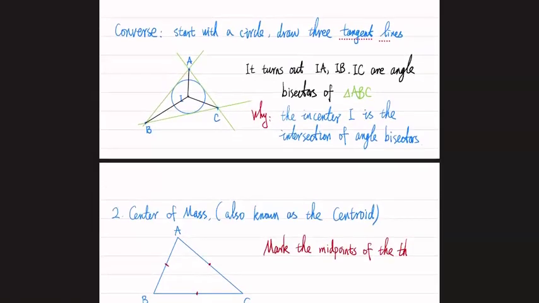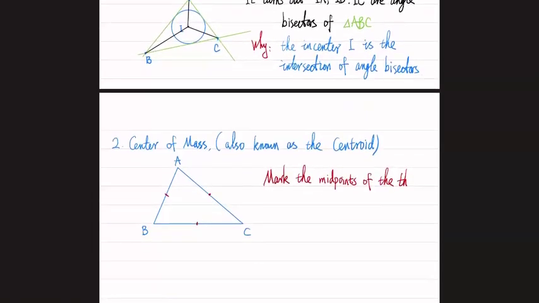Okay. Second construction, last time we call it center of mass, but this is also known as centroid. It's the intersection. Mark the midpoint of the 3 sides. Draw the median.